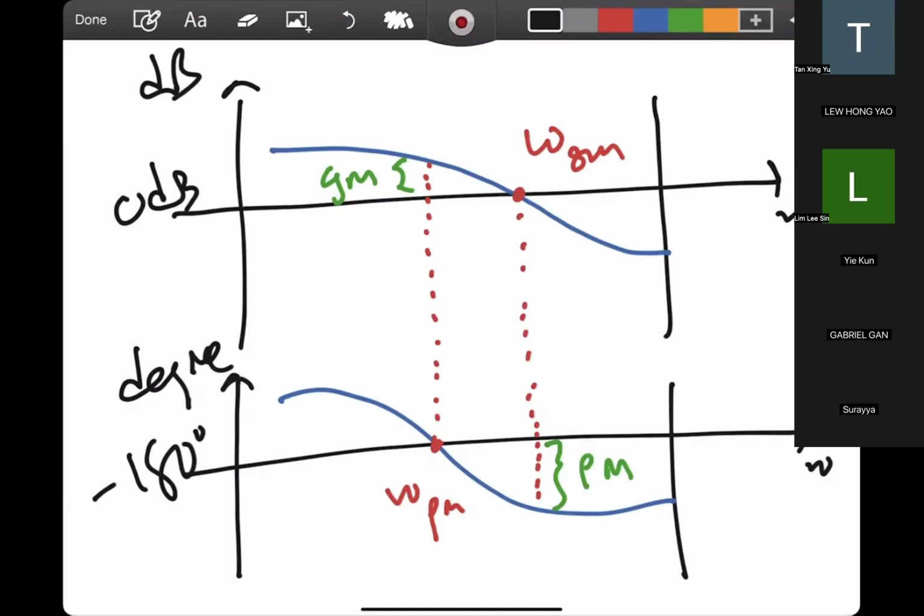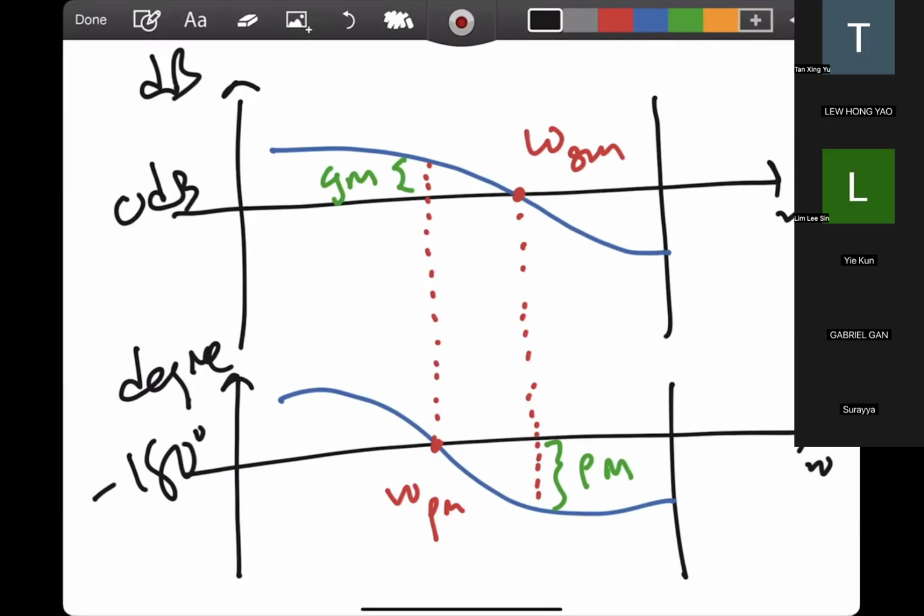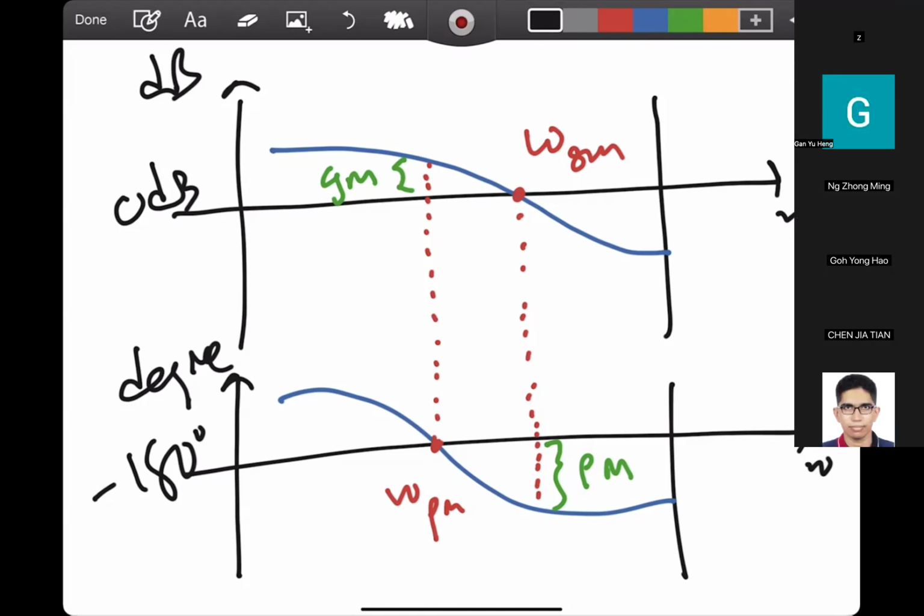Stable. Amira, please. Stable? Unstable, guys.